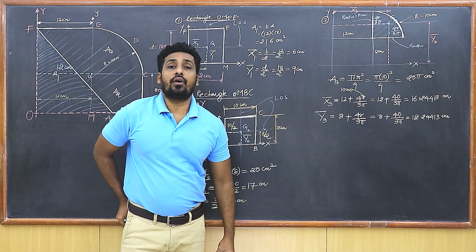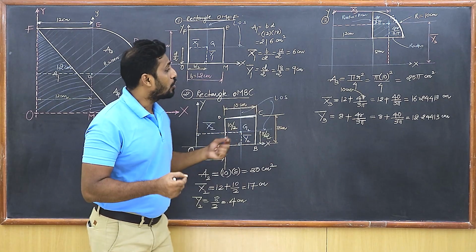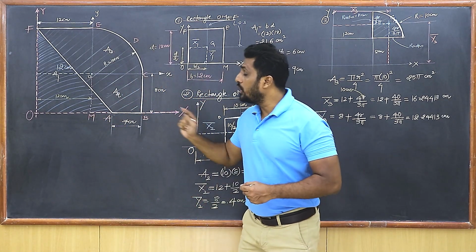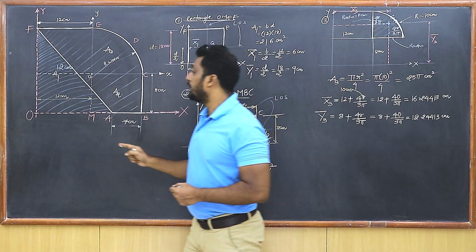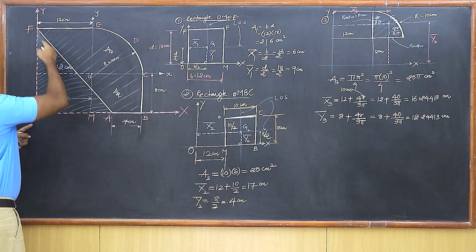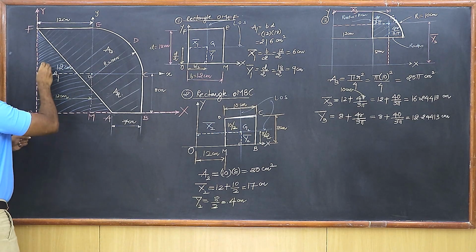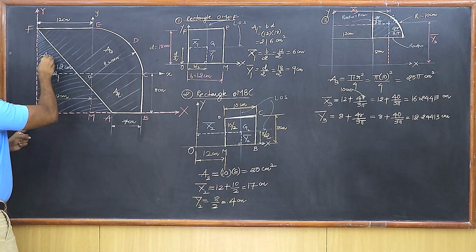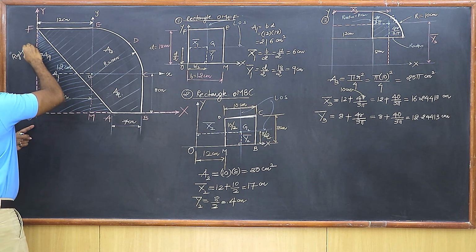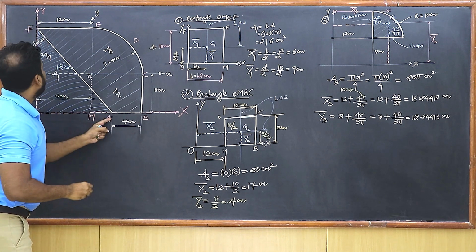Now what I want to do further is I want to find the coordinates of the centroid for the fourth standard shape. Who is the fourth standard shape here? It is nothing but the right angle triangle OAF, isn't it? So that is going to be A4, the right angled triangle OAF.